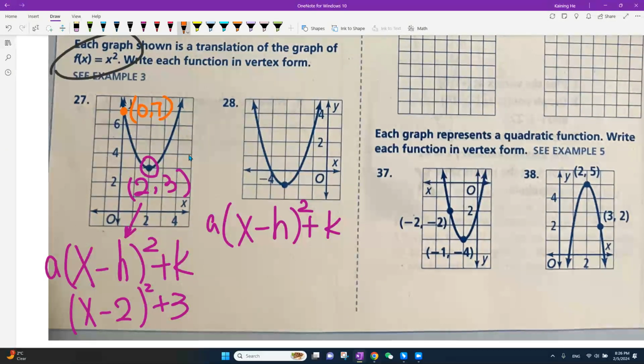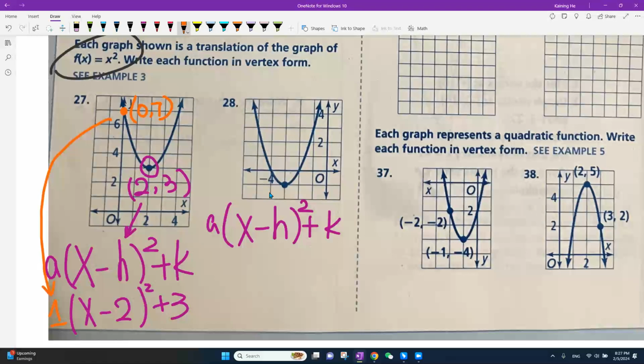So what can I do with that? I can plug it in and see if it works for the same coefficient. By plugging in 0 minus 2, I have negative 2 squared, which is 4. 4 plus 3 is 7. Therefore, my coefficient is just a 1. So how would you find a coefficient? We're just plugging in other points to see if it works. Okay? So, good? Yeah. 27?